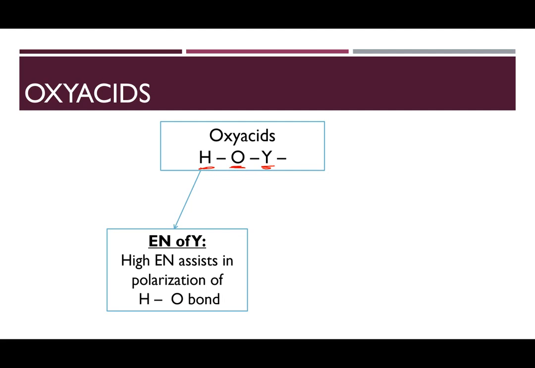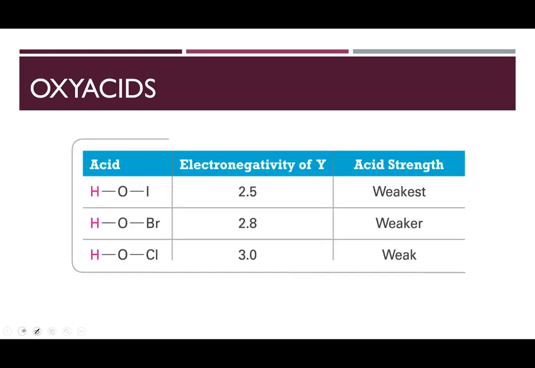So high electronegativity assists in the polarization of this OH bond here, of this bond right here, okay? So if Y has a higher electronegativity, so here's chlorine, it's got an electronegativity of 3.